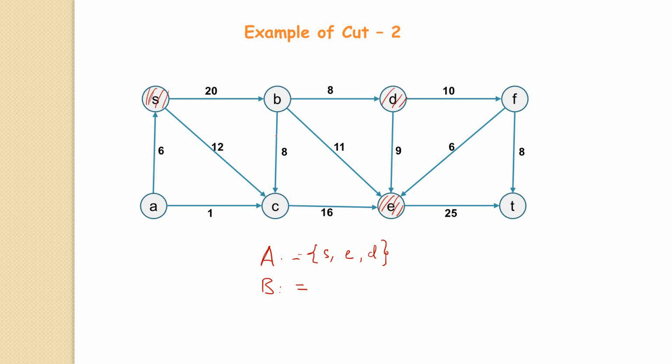So you can see that in this case this is also a cut, and B contains every other node. So we have A, B, C, F, right? F, yeah.